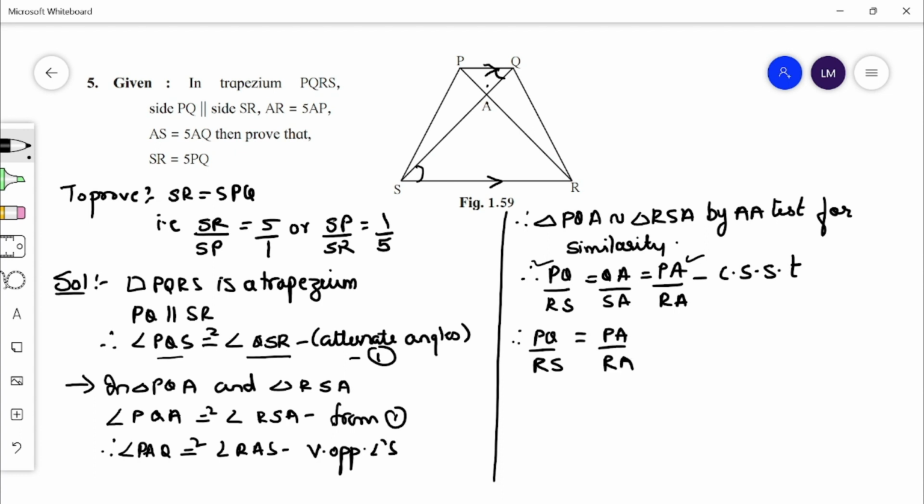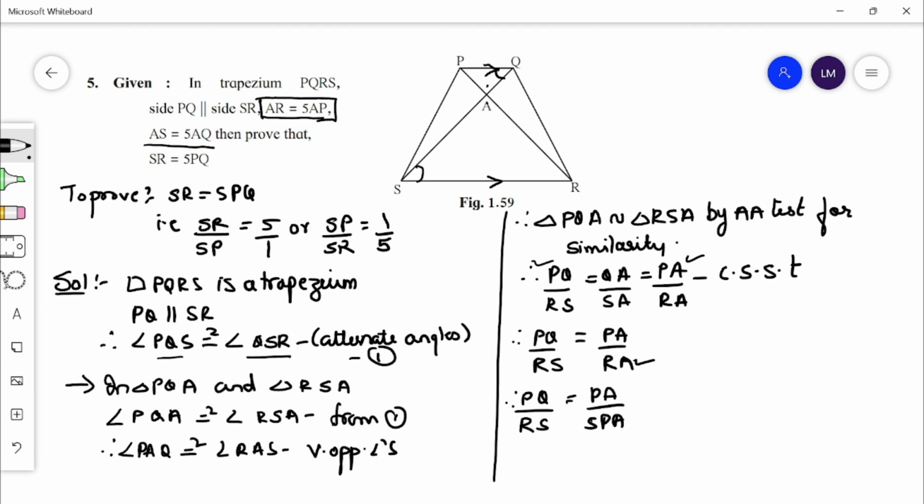But you can see in the question it is given AS is equal to 5 AQ, and AR is equal to 5 AP. So instead of AR we can write 5 AP from the question. So PQ upon RS is equal to PA upon 5 PA.